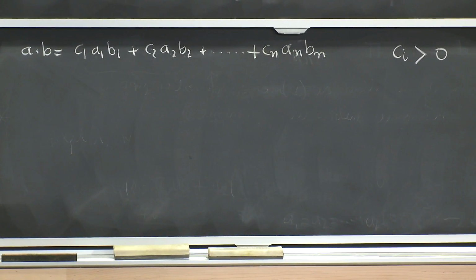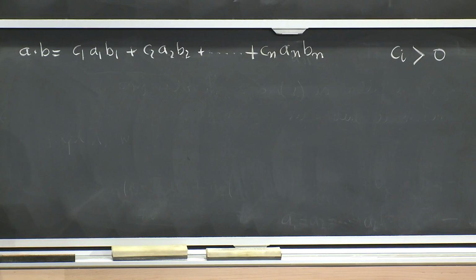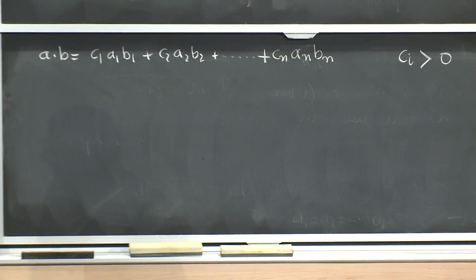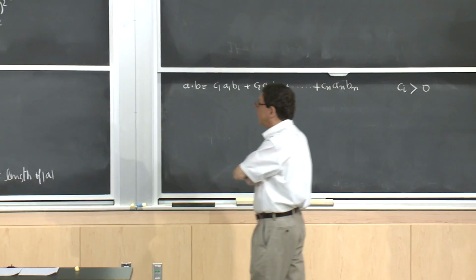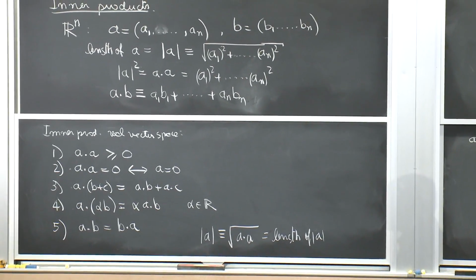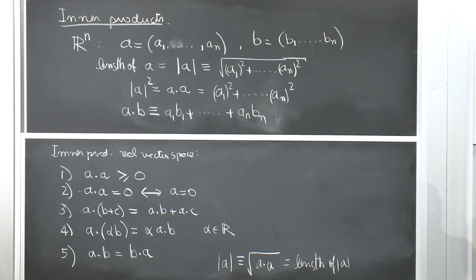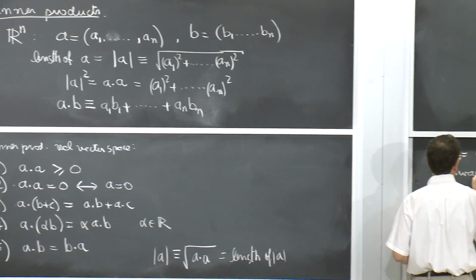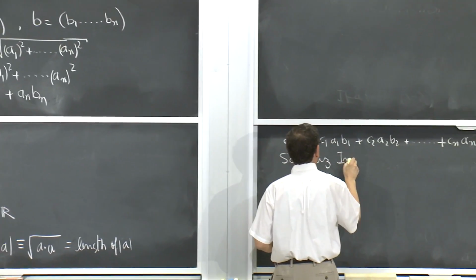One of these axioms goes wrong if any one is 0. So these axioms guarantee a property that is tremendously important. It's called the Schwarz inequality.